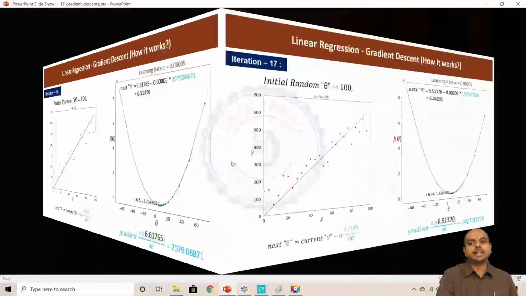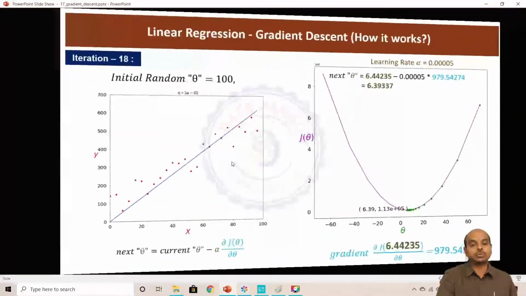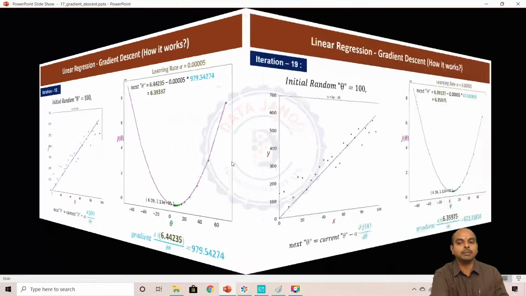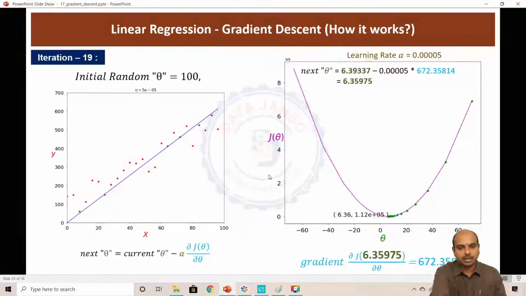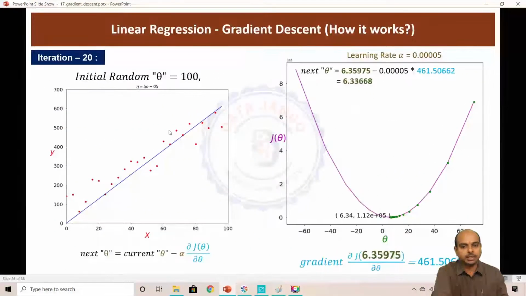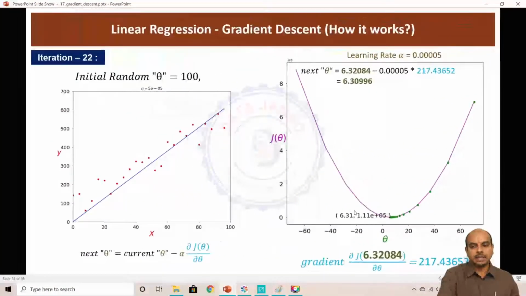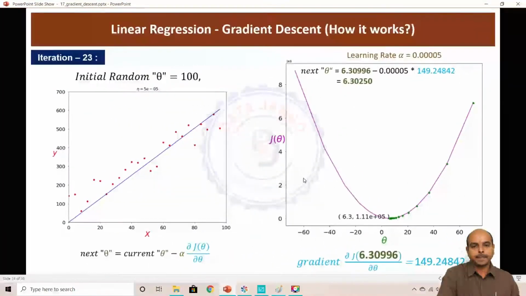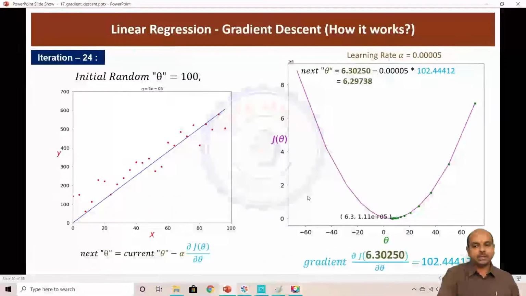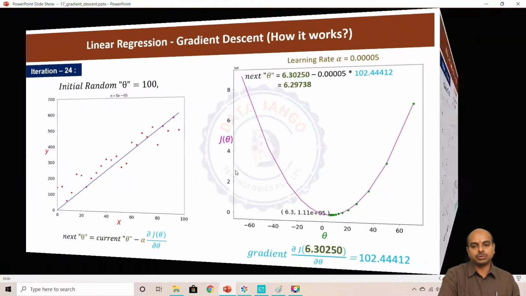It takes 70 iterations to move to the global minimal error place. By the 20th iteration it actually moved almost to the global error place. By the 24th iteration, it is almost there.